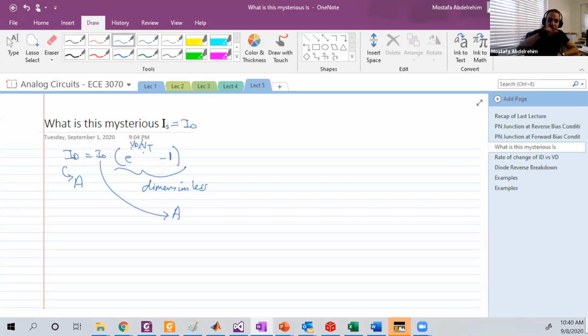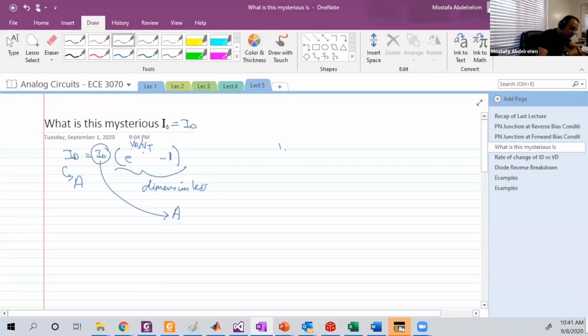When the current flows in the diode, there will be a voltage drop, just like in a resistor. And VT is just kT over q, so it's also constant and doesn't relate to the device. So where are the doping, the material, the geometry and so on? All of these lie in I naught.